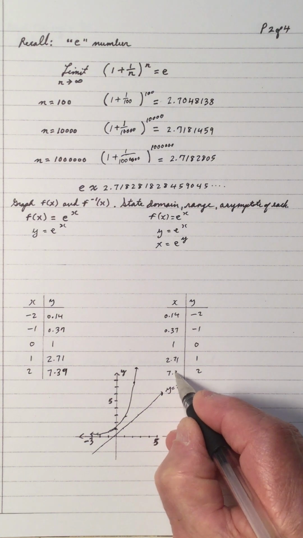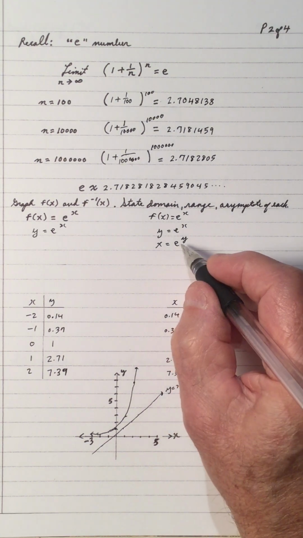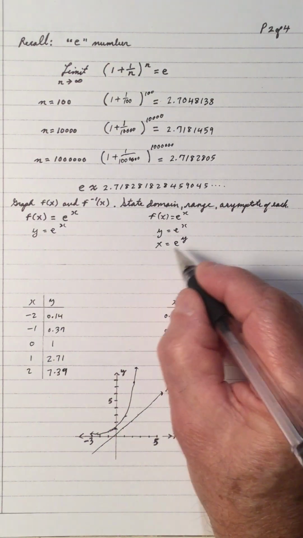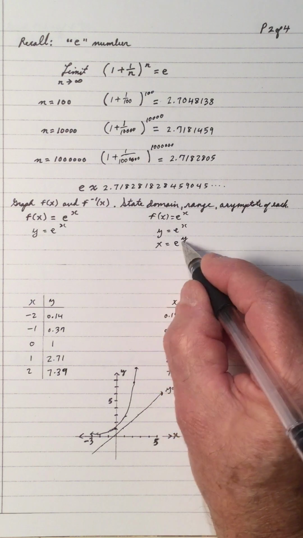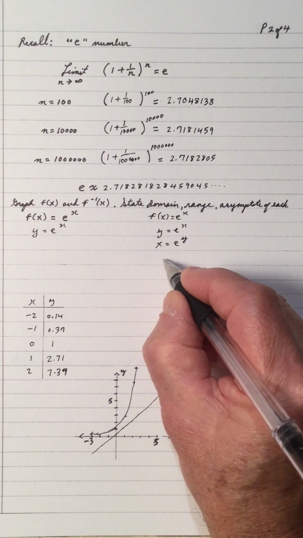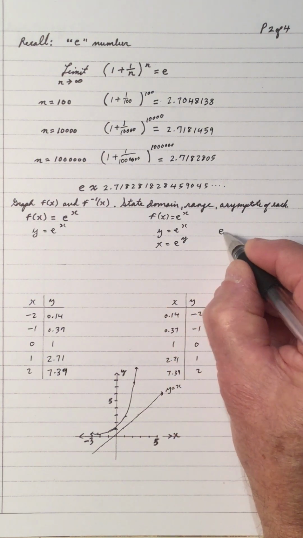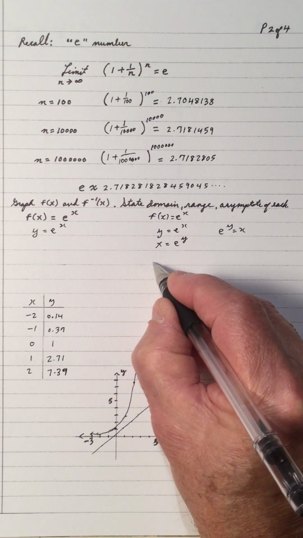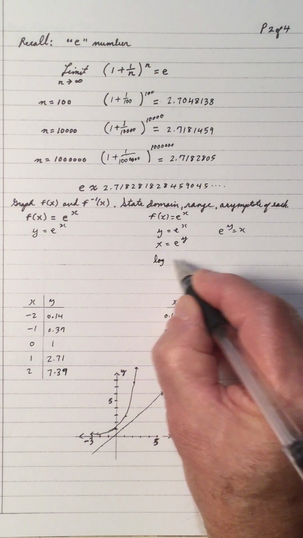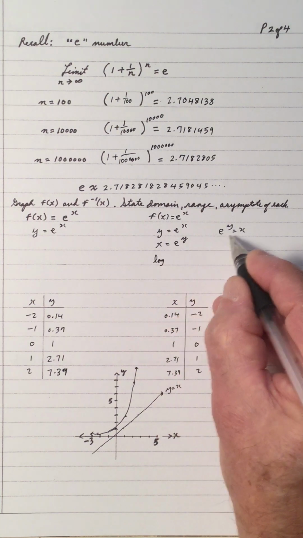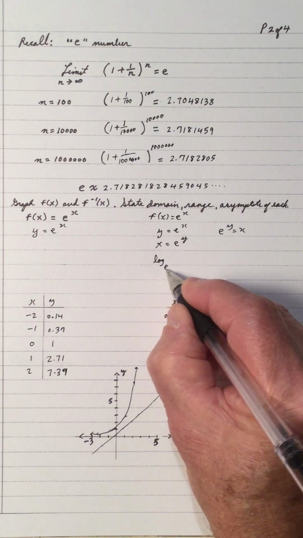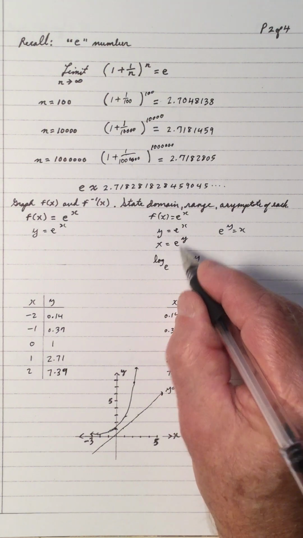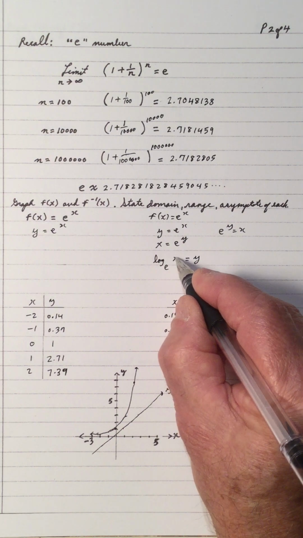This is with a base e, but we can also change this. This is the exponential form, and if I change it around like this, e to the y equals x, then I can put it in log form. So the base is e, the exponent is y, and the number is x.